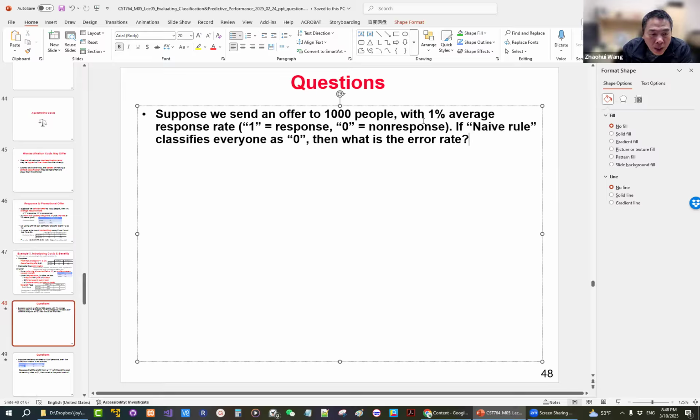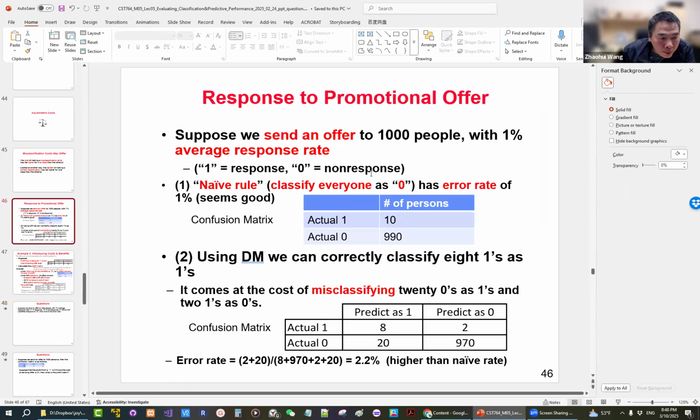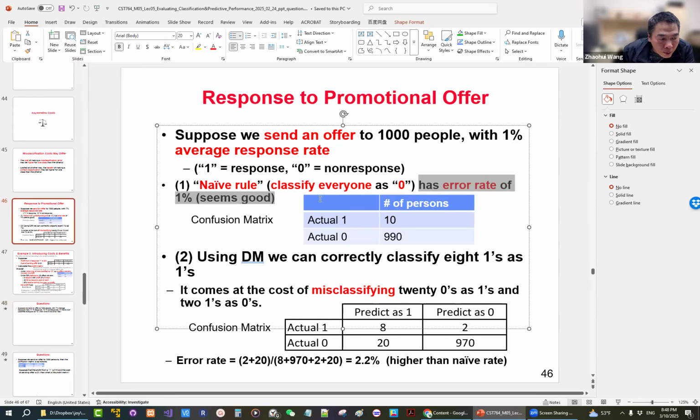So the error rate will be 10 by 1,000, so the error rate is 1%. You can go back and check here, it is already mentioned: the error rate is 1%. They treat every case as predicted to be 0, so it predicts every case has no response.